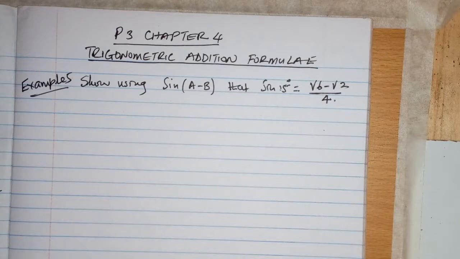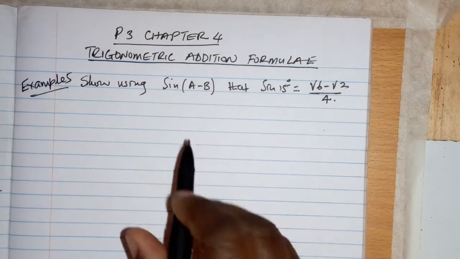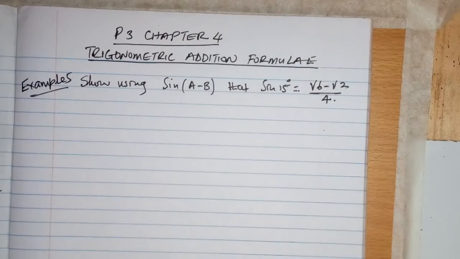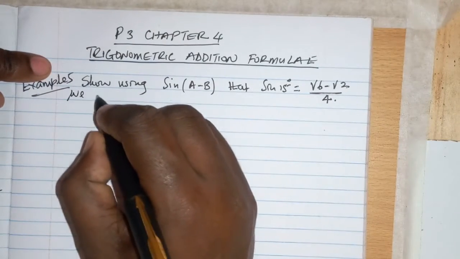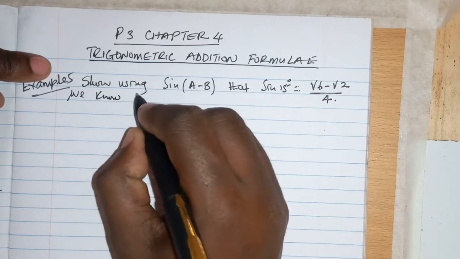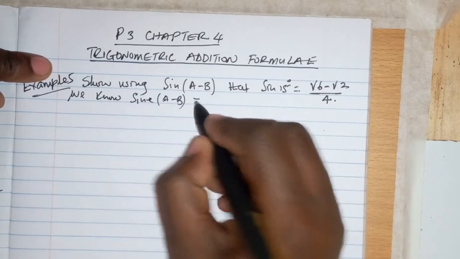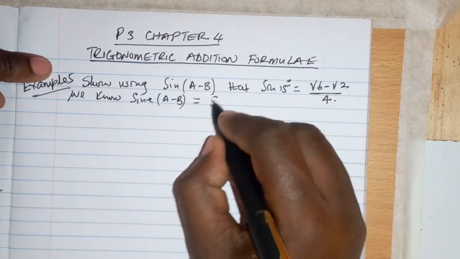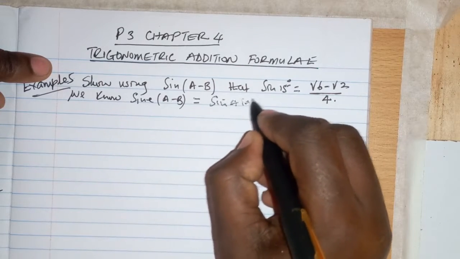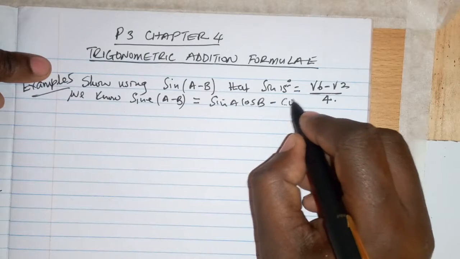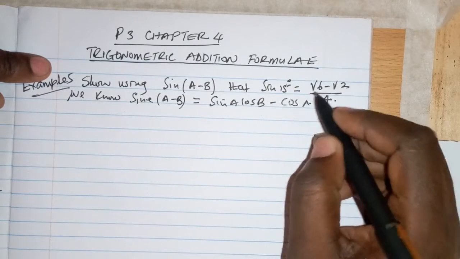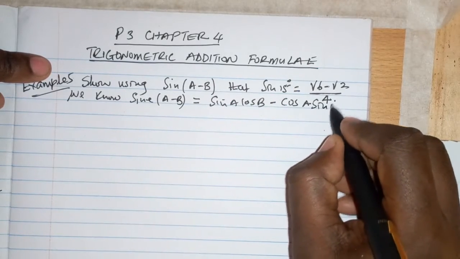The thing is, we are supposed to use sine a minus b, and we know sine a minus b is obviously sine a cos b minus cos a sine b.